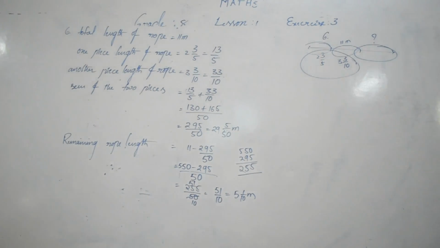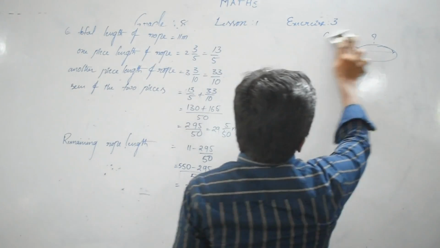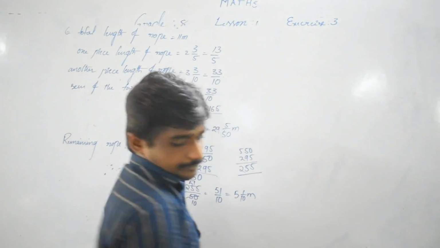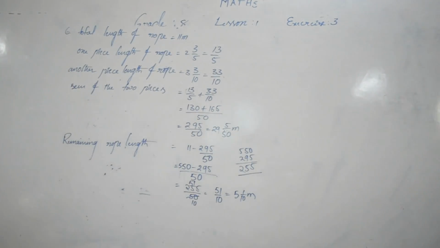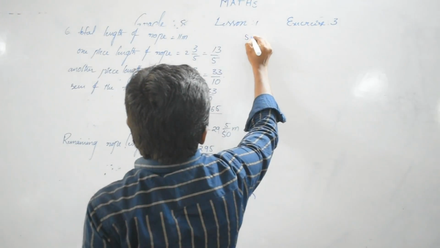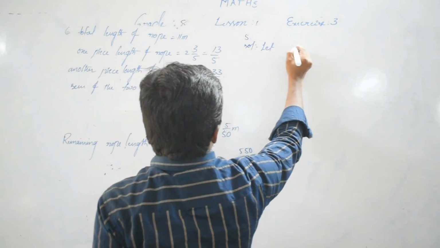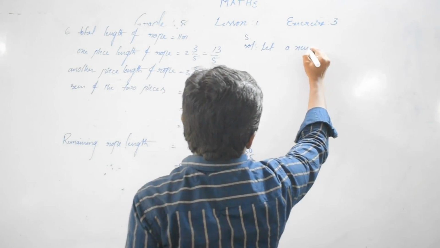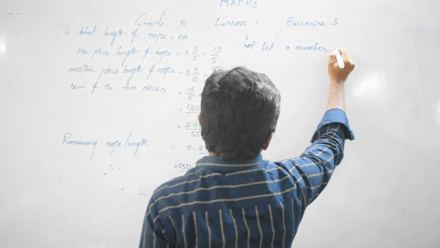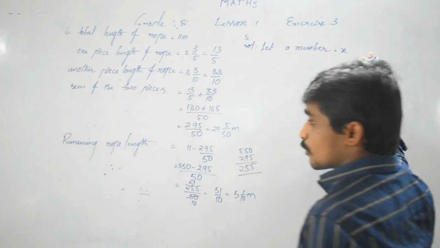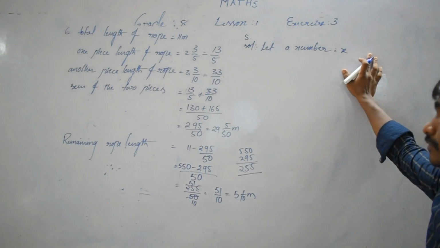Exceed means extend. So here, 2 by 5 of a number. Let the number be x, one number we don't know, so x.